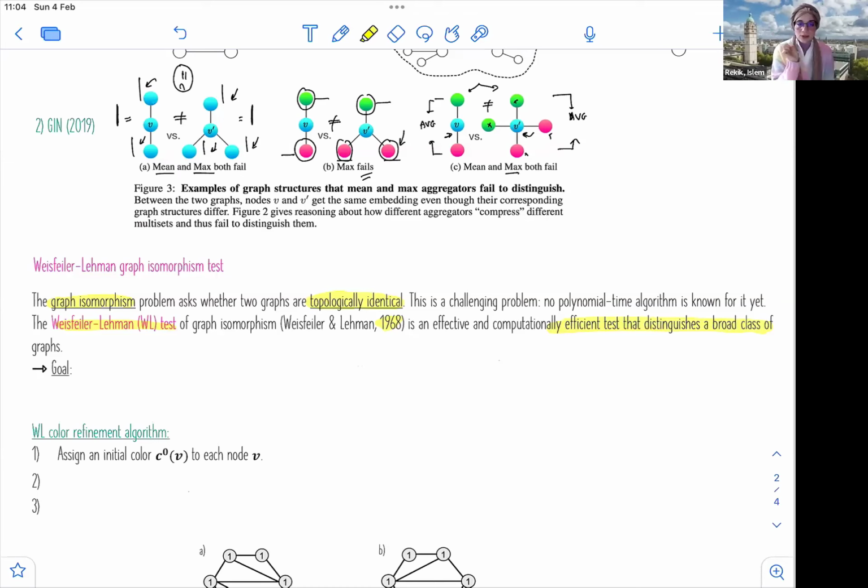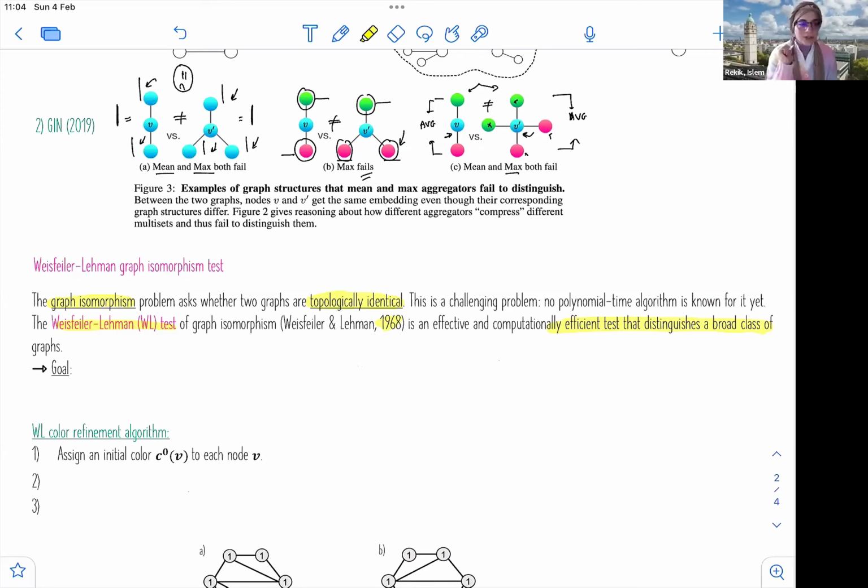This is important because, I think the reasoning the other way around is better: if two graphs are non-isomorphic, they should have different embeddings.